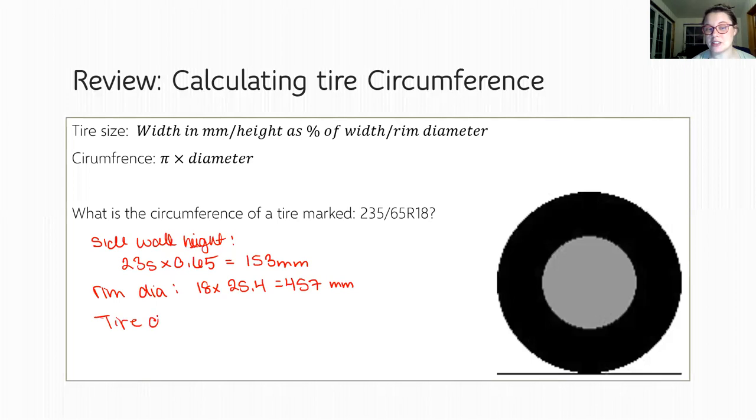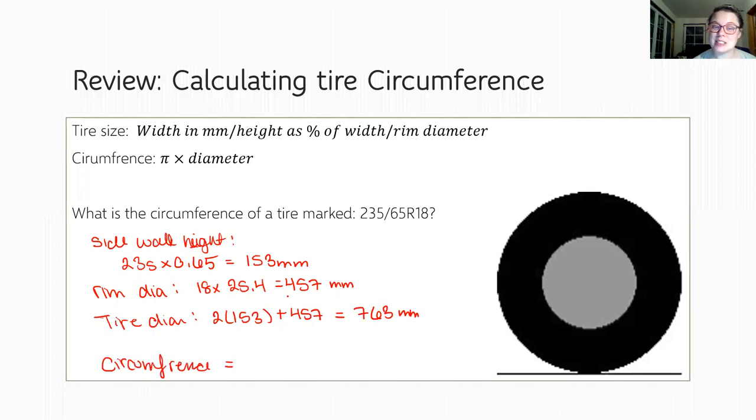So the full tire diameter is equal to 2 sidewalls, so 2 times 153 plus 457 gives us 763 millimeters. So it's about 60 millimeters taller. That's going to be close, just about 2.5 inches taller. What does that make us for difference in circumference?